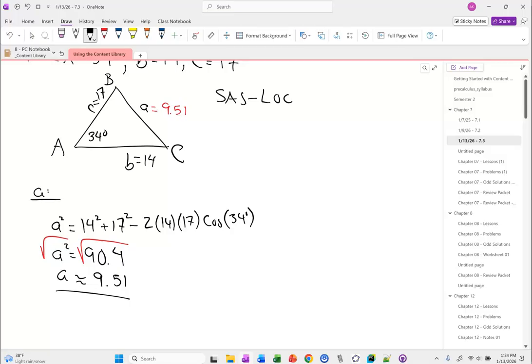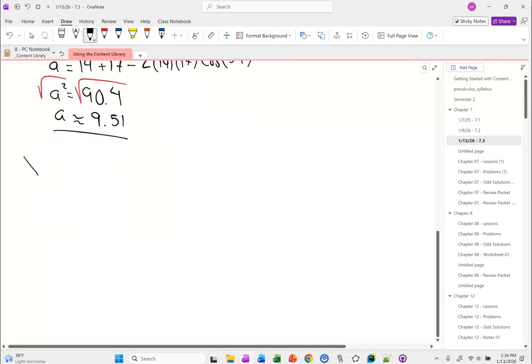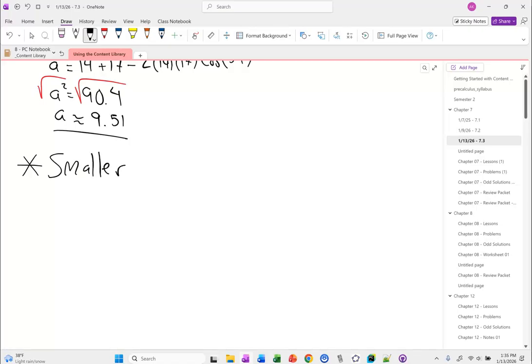So, when doing a side angle side, you find the smaller of the two angles first.